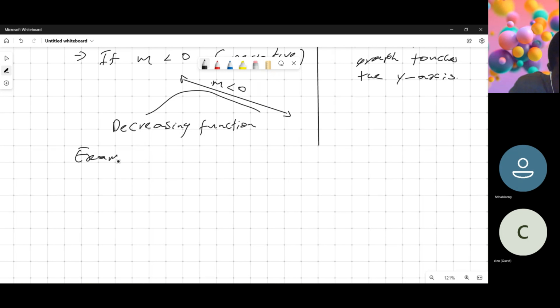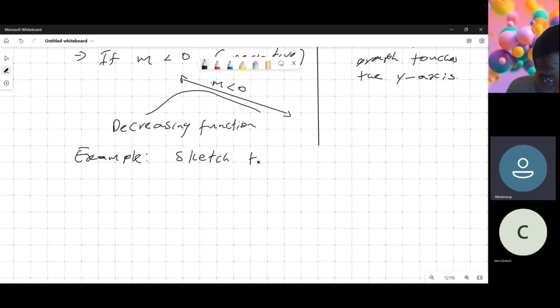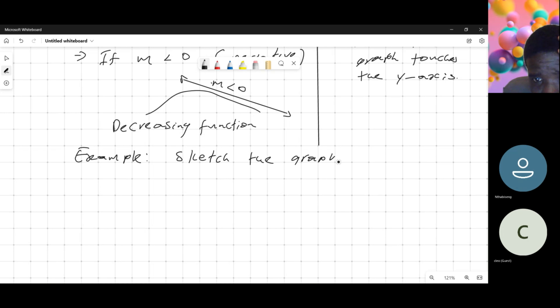Example: sketch the graph of the first one, number A.